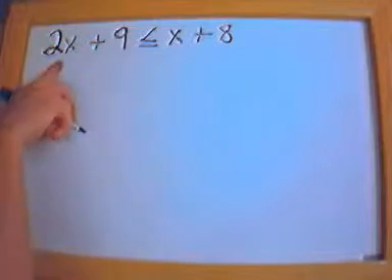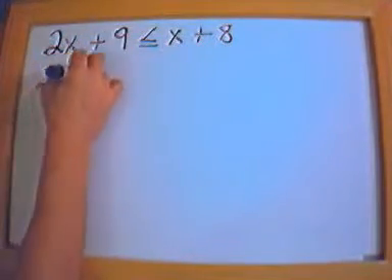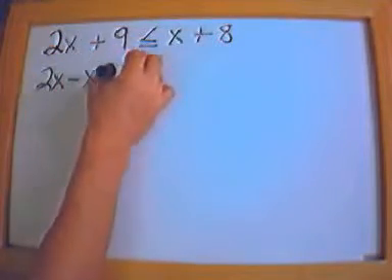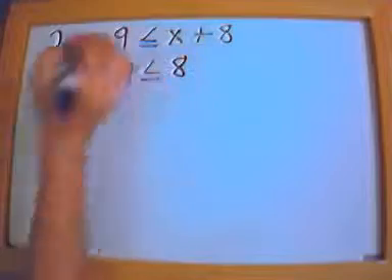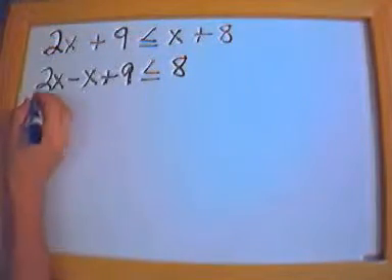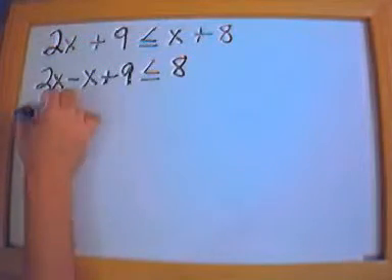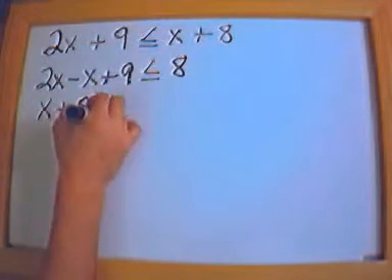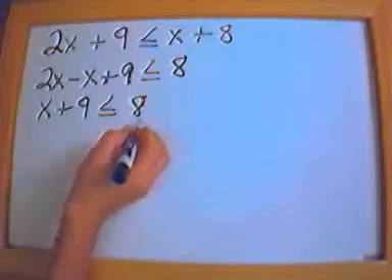First I want to move this x over here, so I'm going to subtract x from both sides. 2x minus x plus 9 less than or equal to, x minus x is 0, so I'm not going to write it, and I have an 8 there. 2x minus x is simply x. Plus 9, got to carry that forward, less than or equal to 8. Just like this.